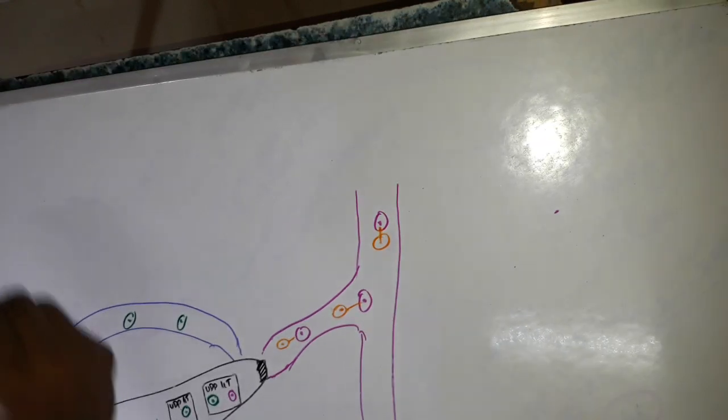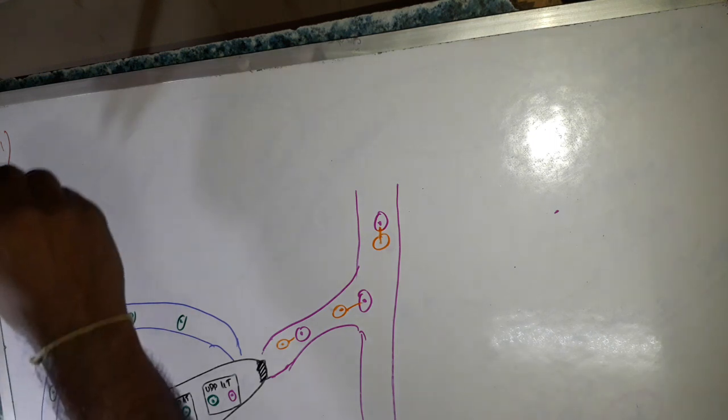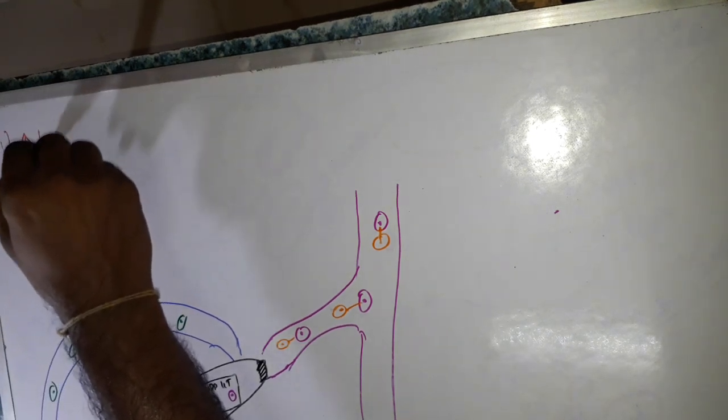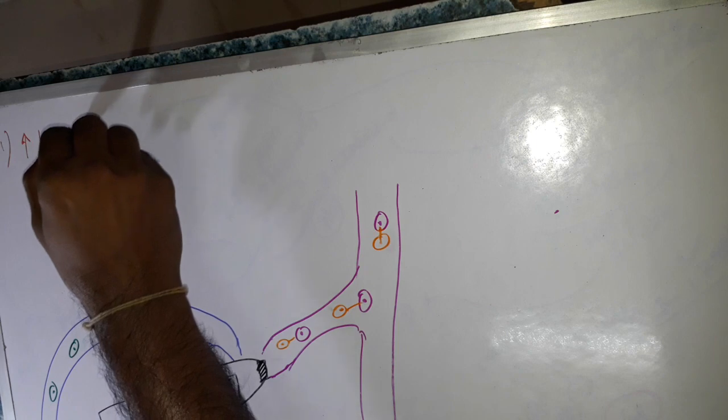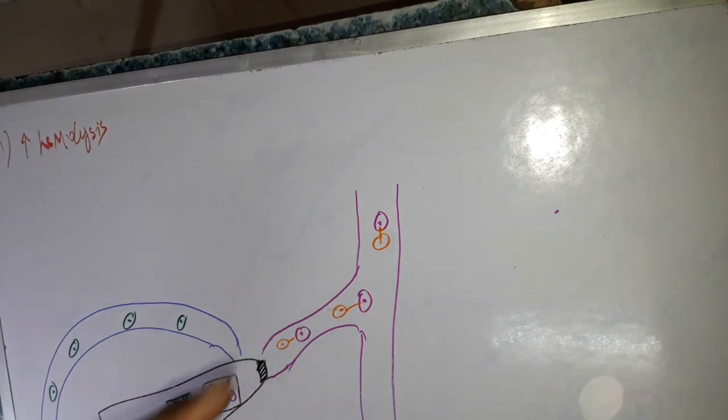Okay, so the first one is going to be increased hemolysis. So what happens in increased hemolysis? Your bilirubin is going to get increased, so your liver says, no, I have exceeded my limit and I cannot convert all of those. So what happens? It is going to enter the blood, and ultimately it is going to cause hyperbilirubinemia.